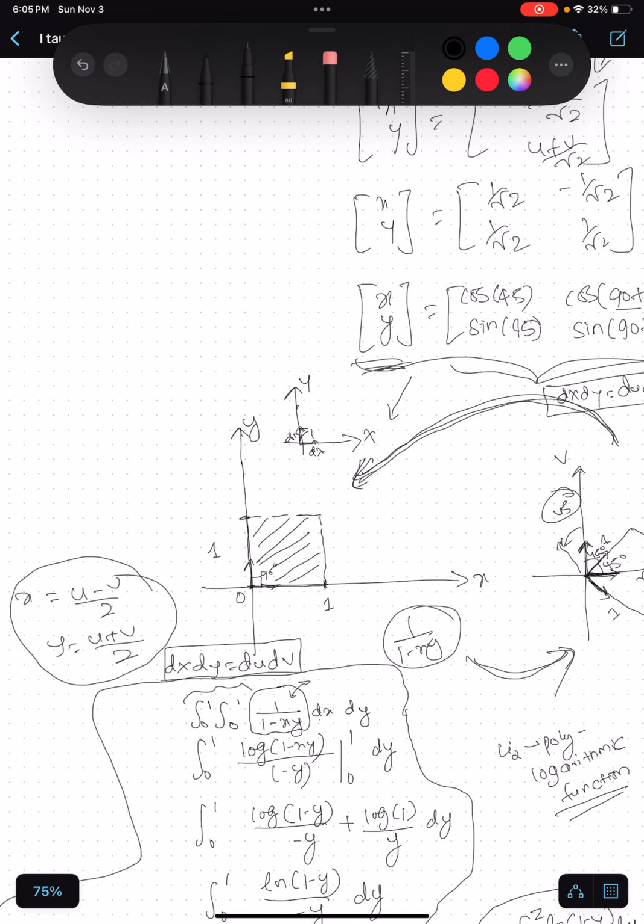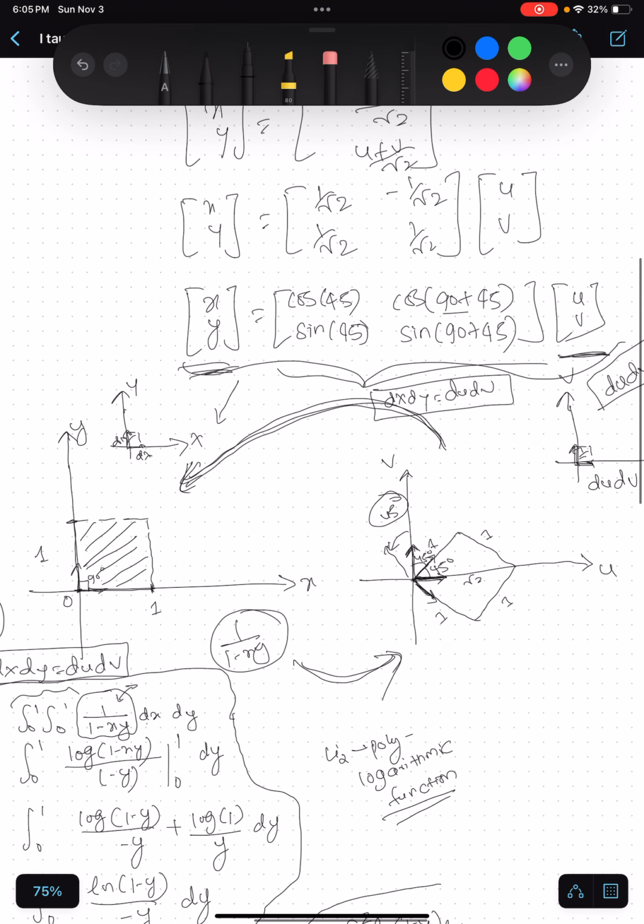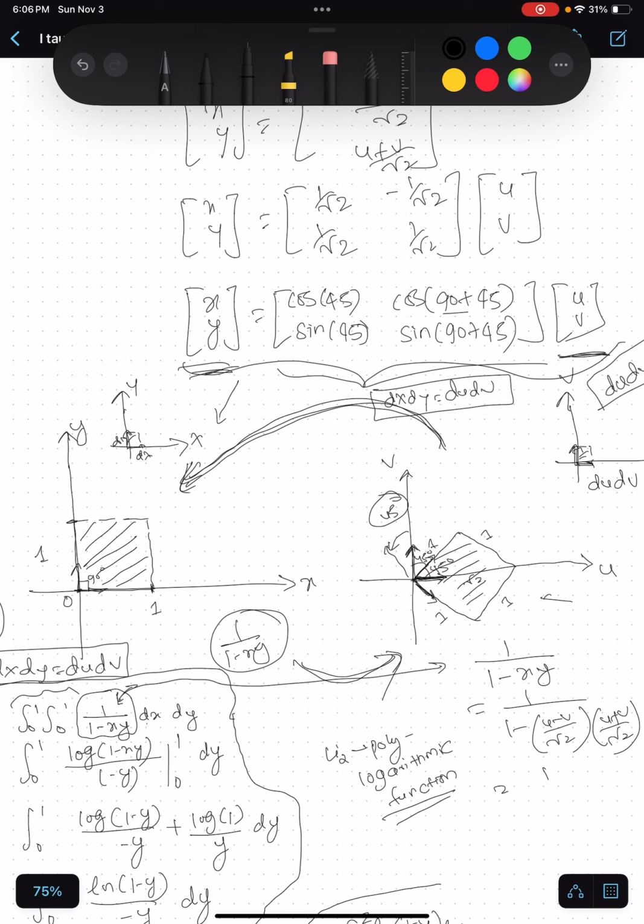In this new system, our domain is this one, right? And the height of the function, the height for the 3D object, we can know what that will be. That will just be 1 minus (u minus v) by root 2 minus (u plus v) by root 2, which is 1 minus (u squared minus v squared) by 2, which is (2 minus u squared plus v squared) by 2. So this is our height, right, guys?